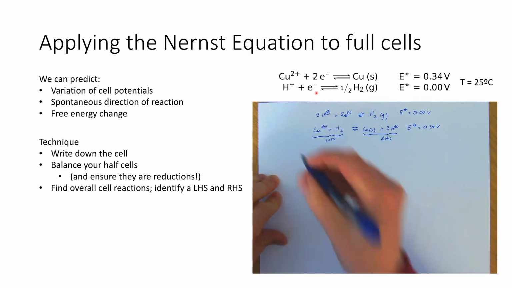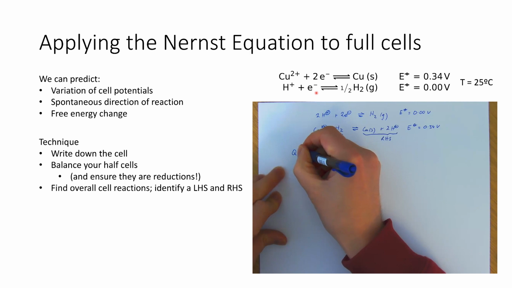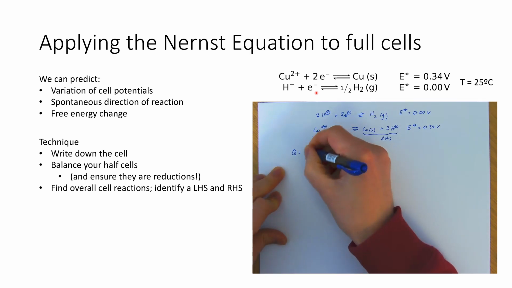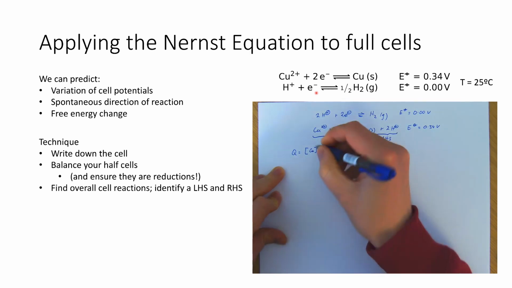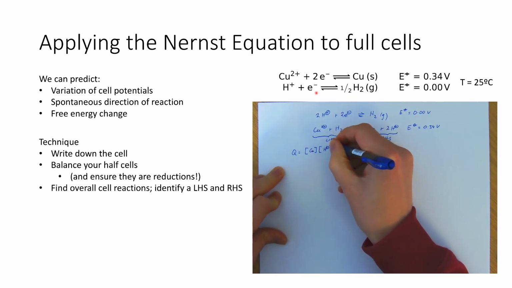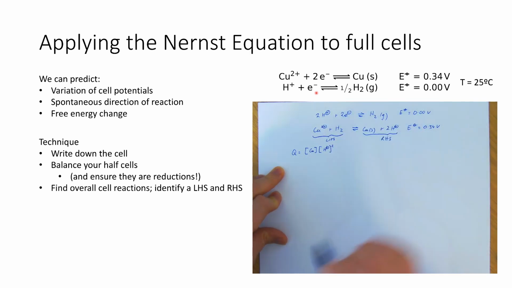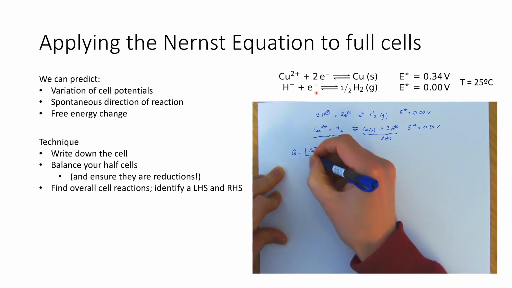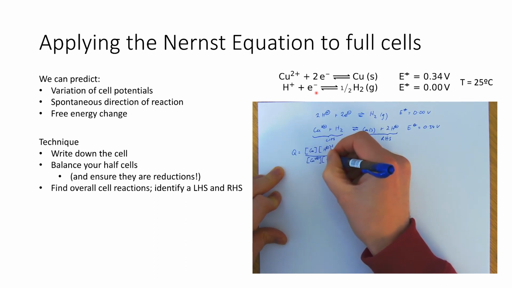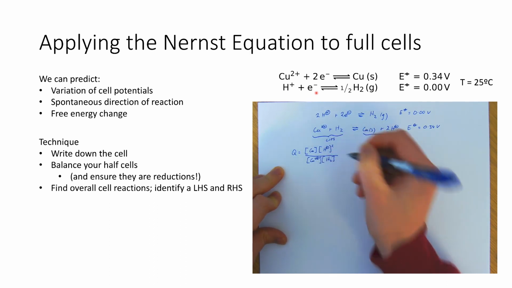So this means that our reaction quotient is going to be the concentrations of the right hand side. Remember, H+ will be squared because we've got that 2 there, divided by the concentration of Cu2+ and the concentration of H2.